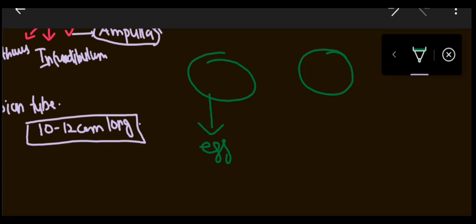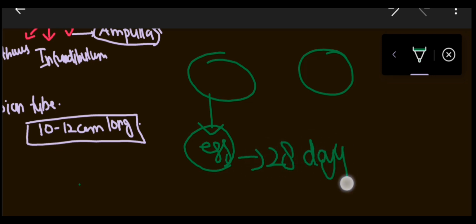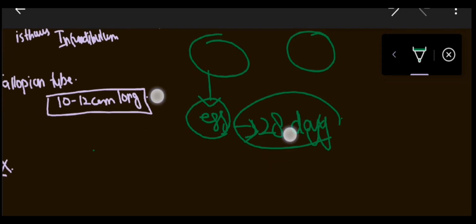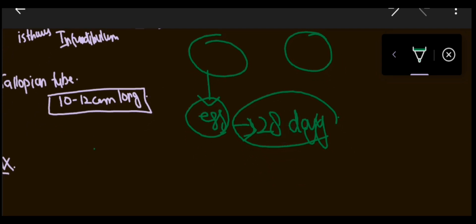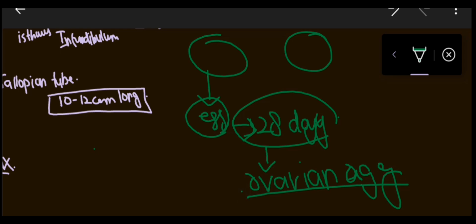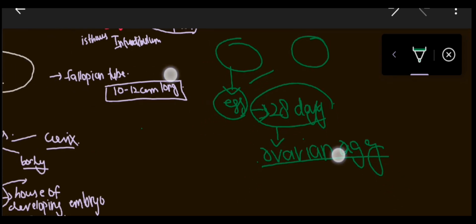Each egg is released from one ovary, about every 28 days. हर 28 डेज के अंदर एक एग रिलीज होता है, एंड वी कैन से दिस इज ऑफन नोन एज ओवेरियन साइकिल. 28 डेज को हम क्या कहते हैं? ओवेरियन साइकिल. सो दिस कैन बी आस्क्ड, ओवेरियन साइकिल कब होती है? तो 28 डेज के अंदर.